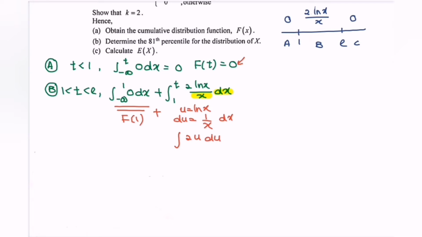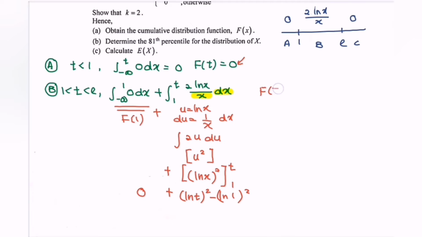If we integrate, we will have u squared. Substituting back, we have (ln x) squared, with the limits t and 1. If we substitute, we will have (ln t) squared minus (ln 1) squared, and in front of here we have 0. As a conclusion, F(t) is equal to (ln t) squared minus 0.